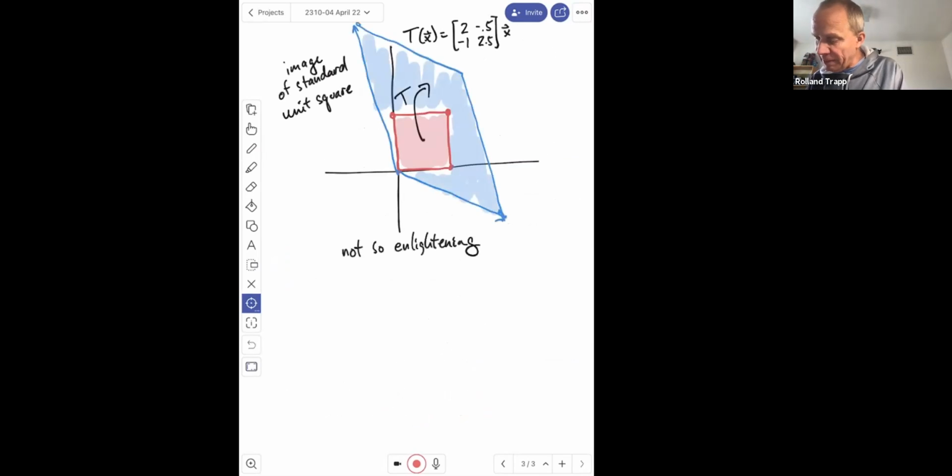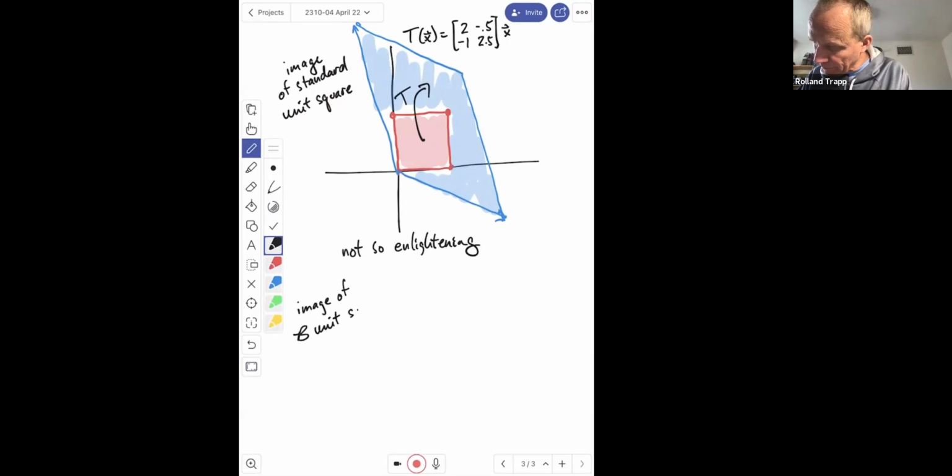So with respect to the B basis, I can look at the image of not the standard unit square, but the B unit square. I'm going to put square in parentheses. Instead of viewing that, I want to know the image of the B unit square. Now remember what B was.